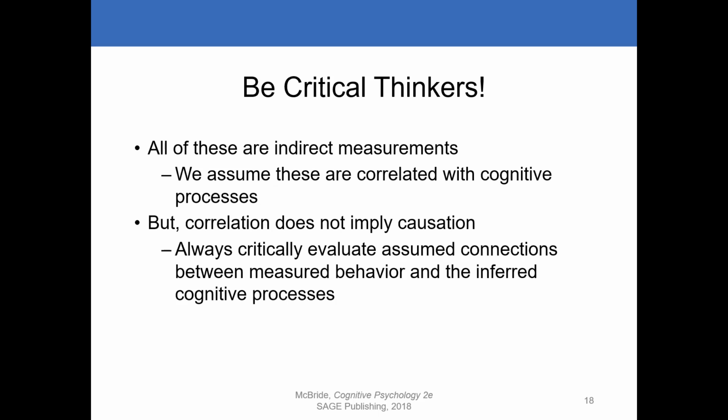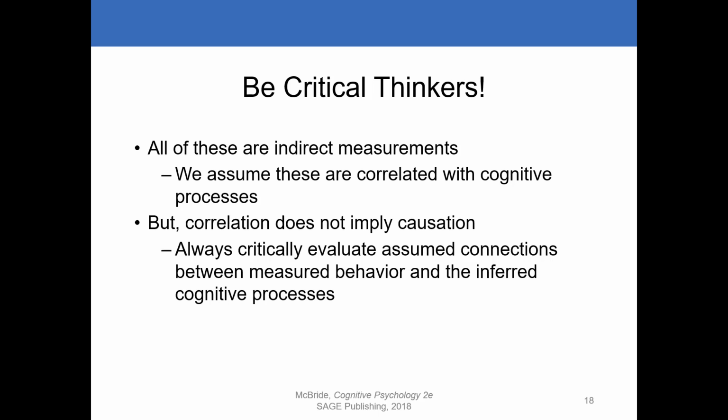One thing I want to tell everybody, especially who watch my videos: everything we're looking at here is indirect measurements. Whether we're talking brain imaging, giving somebody a survey, looking at response times, or looking at how long someone gazes at something using Tobii eye trackers, these are all indirect measurements that we try to correlate with some kind of cognitive processes.